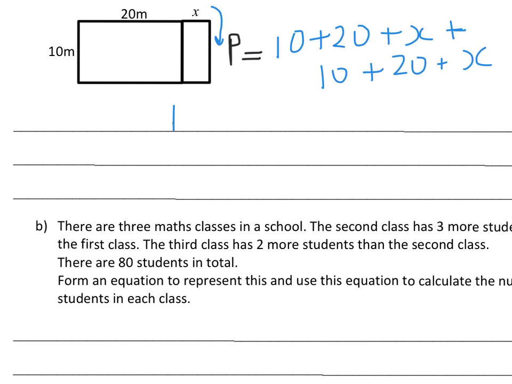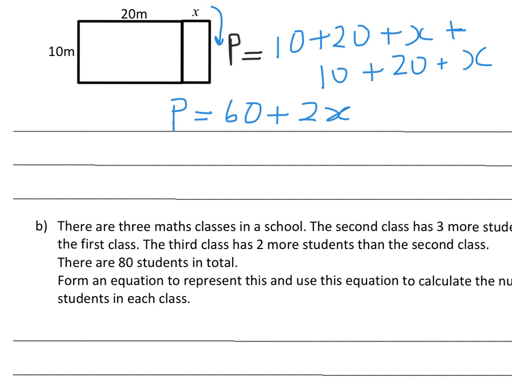So we can tidy that up. So we've got 20, 40, 60 plus 2x, and they've told you now that's our equation.